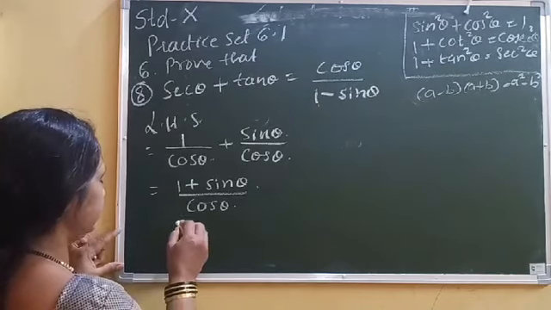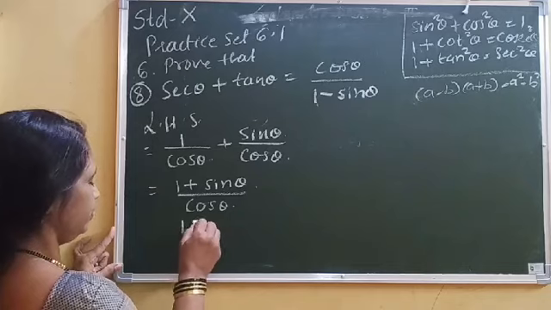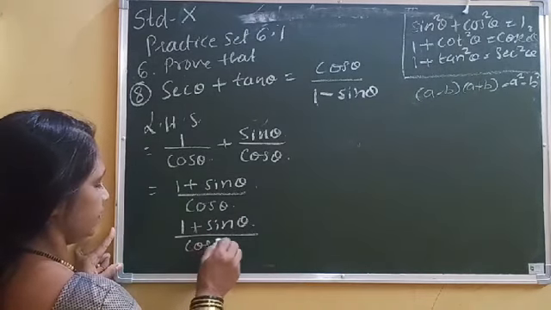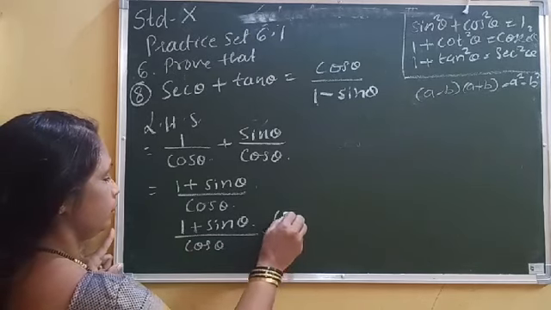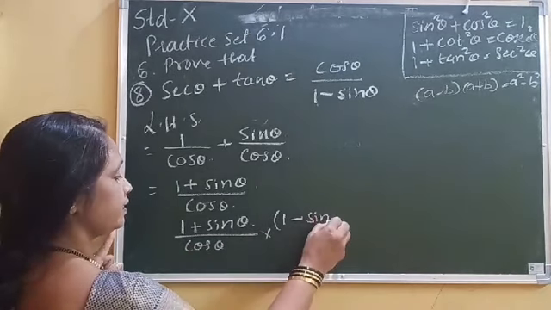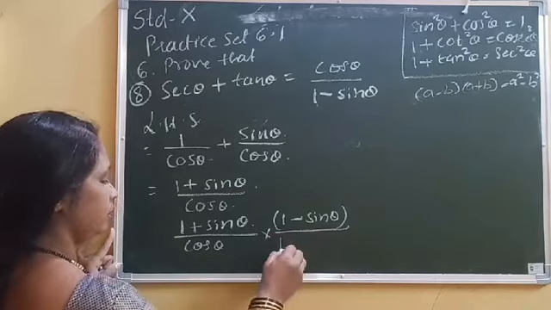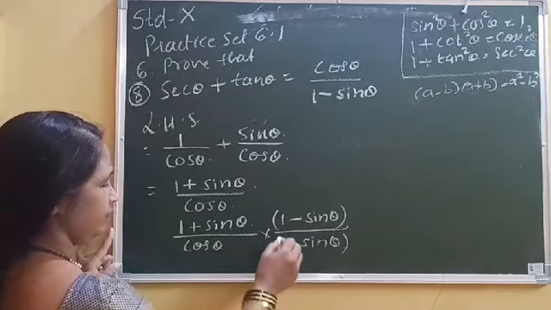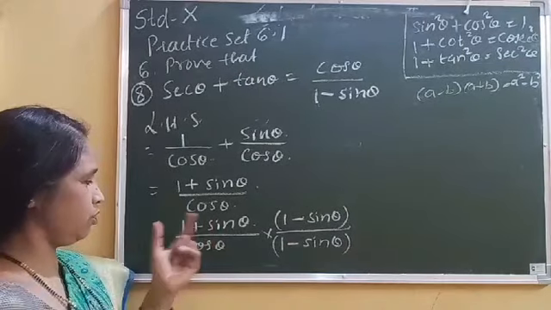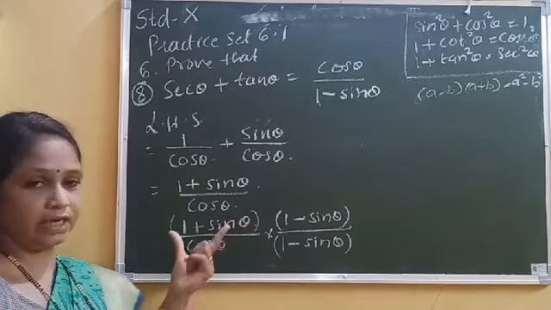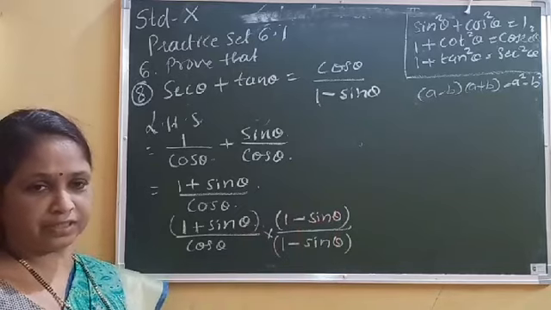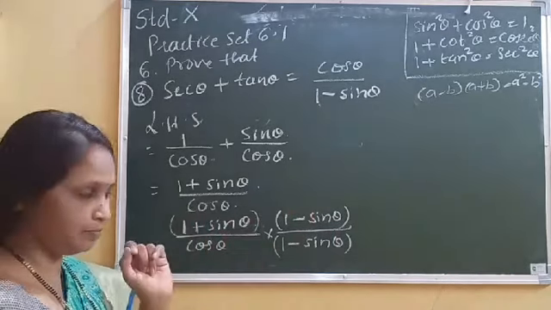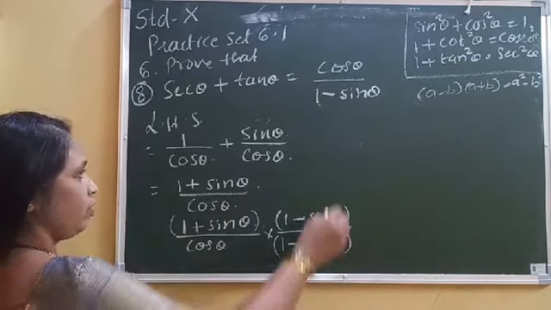Means it will be 1 plus sin theta upon cos theta into 1 minus sin theta upon 1 minus sin theta. Now see, this is again a plus b into a minus b, which means it will be a square minus b square.